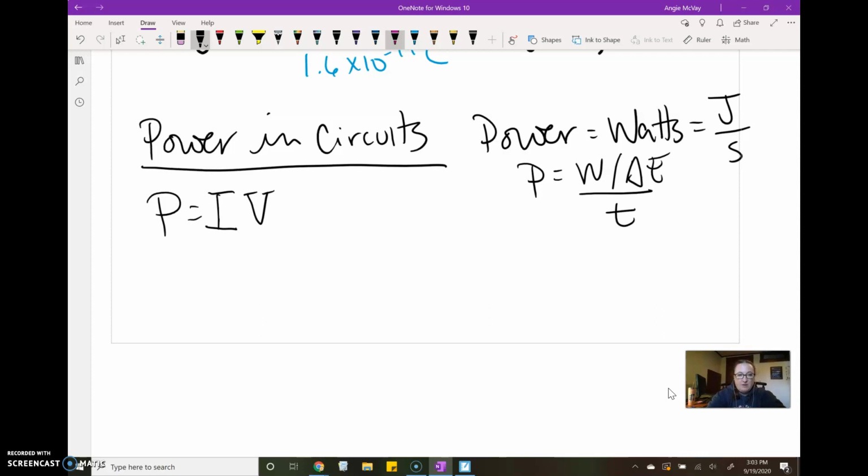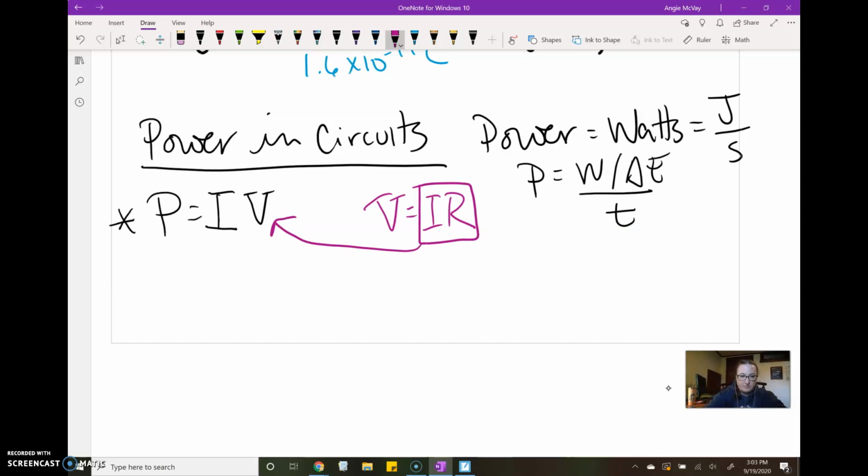Now this is kind of our base power equation. And if we use Ohm's law over here to the side, V equals IR, what if instead of writing V, we plugged in IR?